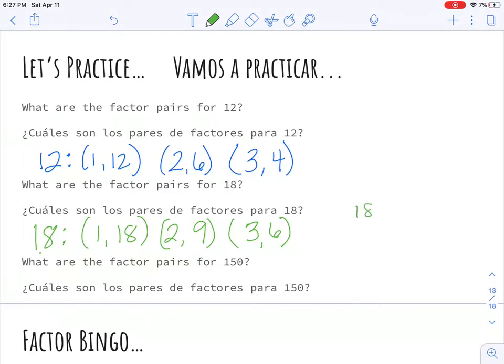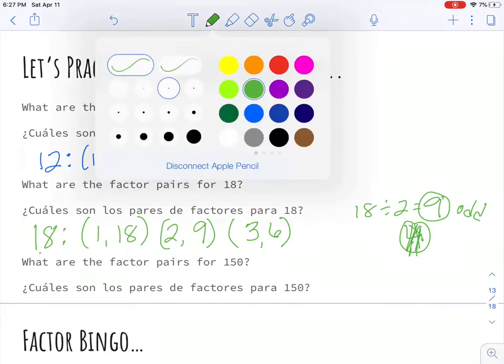So 18 divided by 2 is 9. So this is an odd number. So I know I cannot multiply by 4 in order to get 18. And I can think about counting by 4s: 4, 8, 12, 16, 20. I definitely don't land on 18. All right, last one. This one is trickier.